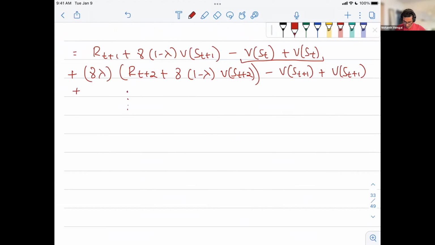And then I can continue doing this for all the terms that I have in my summation.